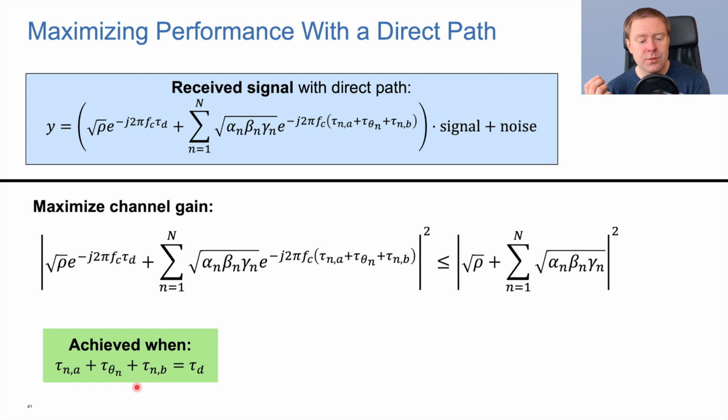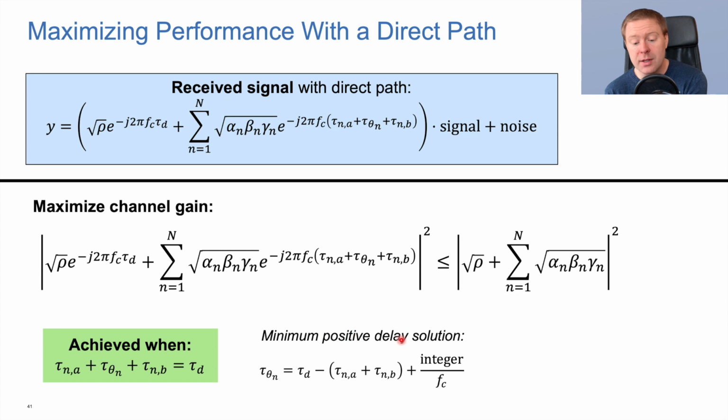So what we need to do is rather to utilize the fact that e to the power minus j2 pi fc tau is a periodic function. So to find the minimum positive delay solution, we rearrange the expression to get tau d minus tau na minus tau nb, like this. And that is what we would like tau theta n to be. And since it's probably a negative number, we can add integers divided by fc, because if we put it in here, 2 pi fc times an integer divided by fc, we get 2 pi times an integer, and that is one full period. So in this way we can get a positive solution to the problem.